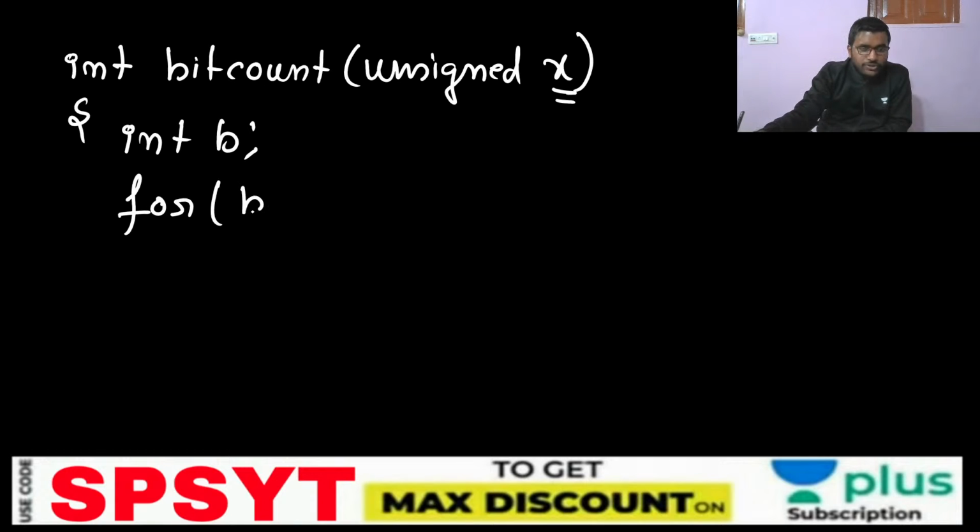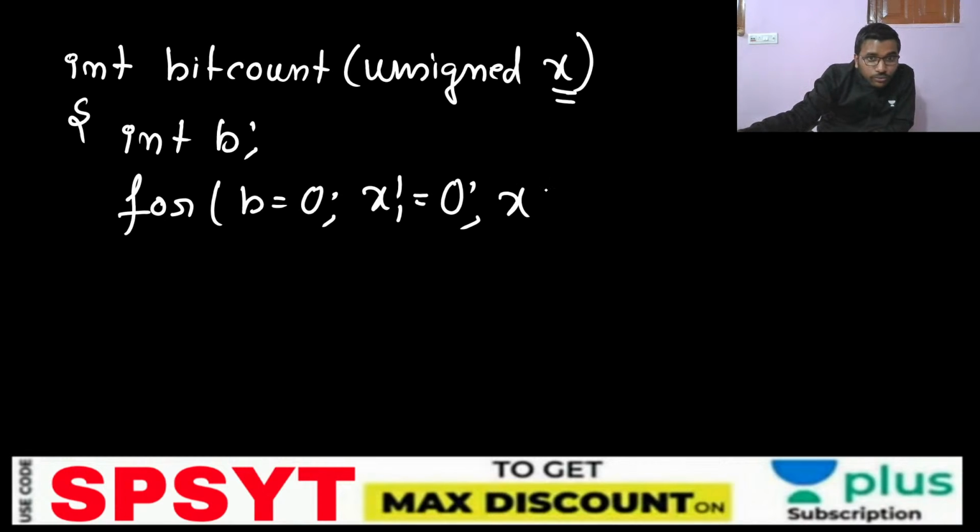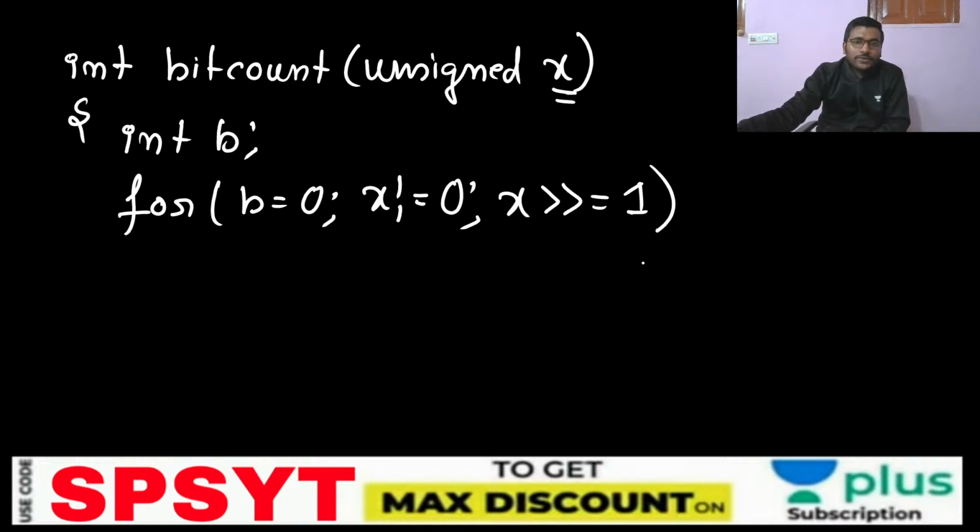For b equal to 0, x not equal to 0, x right shift by 1: here I am dividing by 2. What am I doing here? I am doing x equal to x right shift by 1.